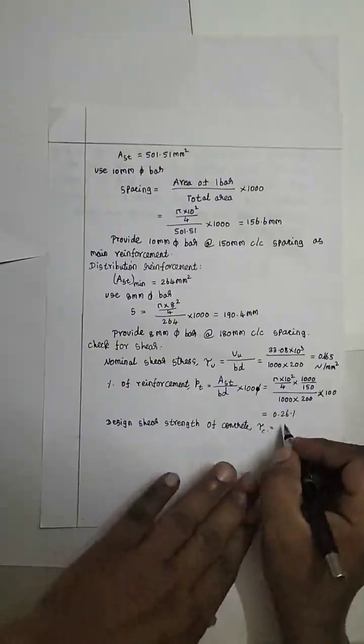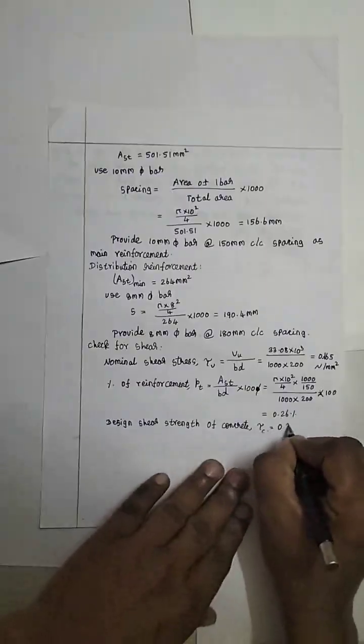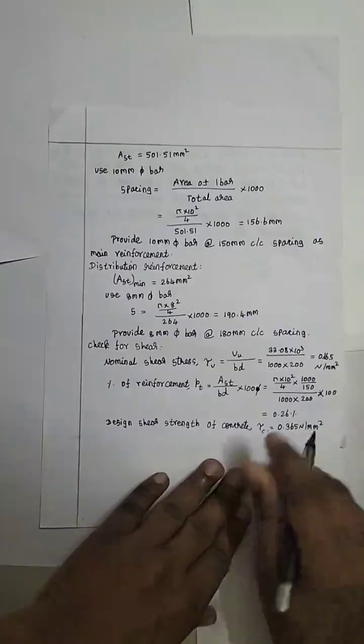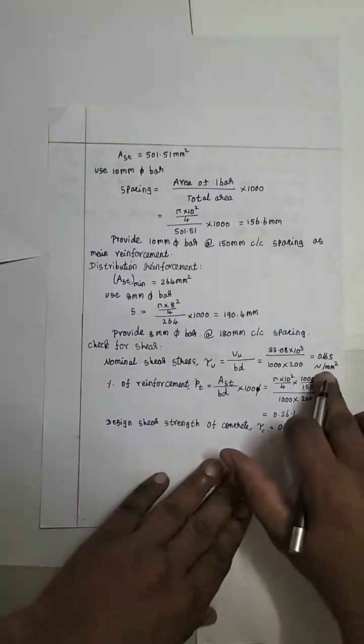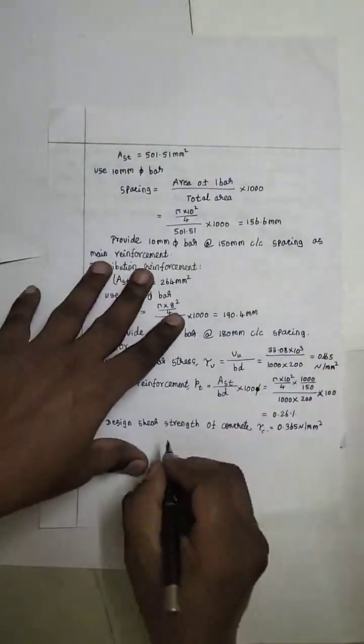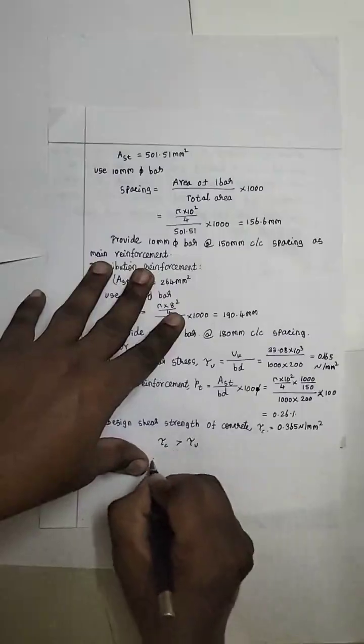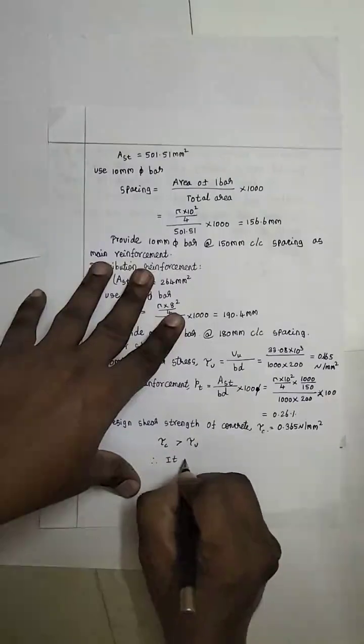So for 0.26 the value is 0.365 Newton per mm square. Here if you see the tau C value is greater than the tau V value. So tau C is greater than tau V, therefore it is safe.